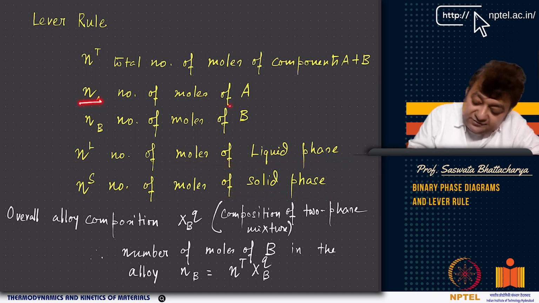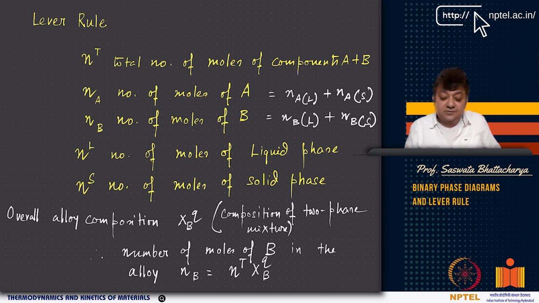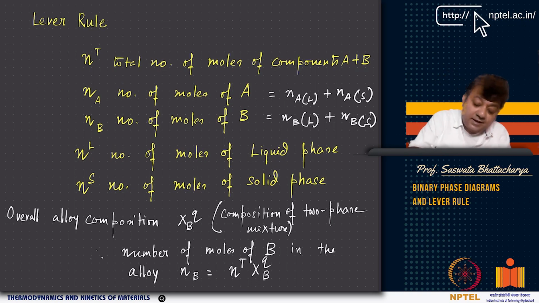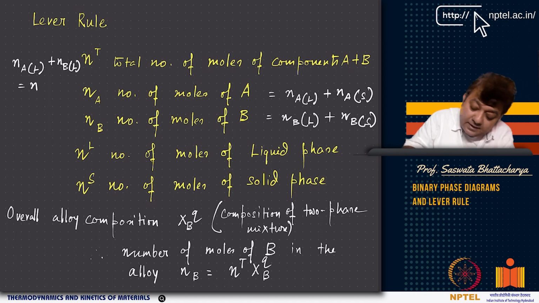So Na, you can write as Na in liquid plus Na in solid, and similarly Nb as Nb in liquid plus Nb in solid. So NaL plus NBL equals NL. Similarly, NAS plus NBS.